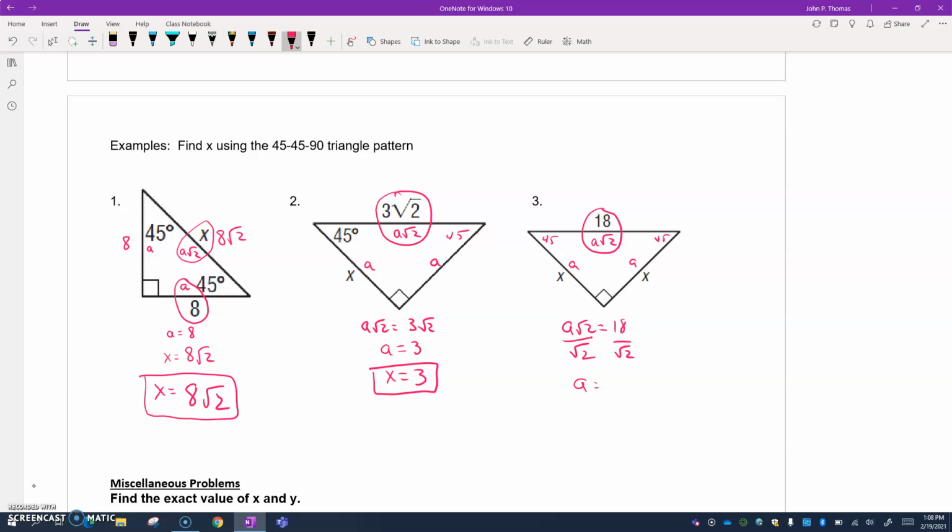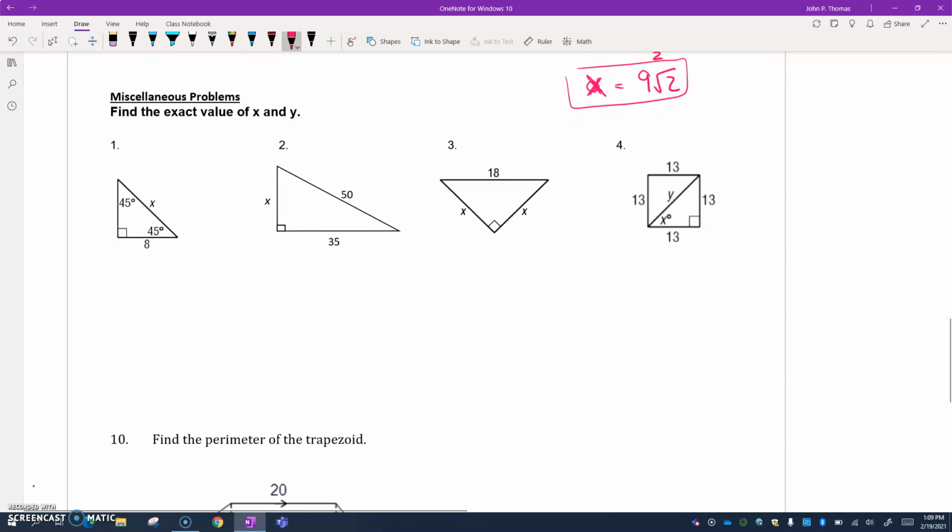So a equals 18 over root 2. But then I need to clean it up a little bit, so I'm going to multiply top and bottom by root 2. So I get 18 root 2 over 2, which simplifies down to 9 root 2. That would be the x value we're looking for, because x did equal the a there. So x equals 9 root 2.